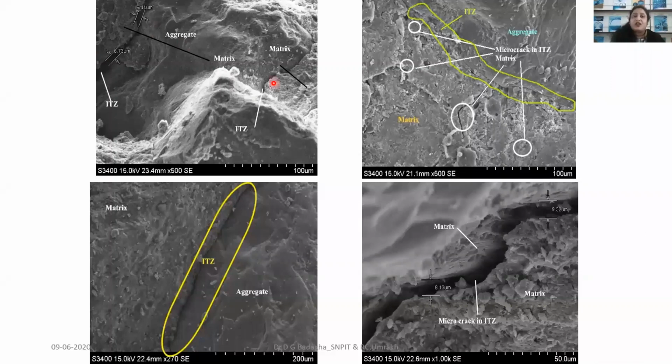Here from that SEM you can see the interfacial transition zone. That zone is between the aggregate and the paste. This is a very thin line here I tried to mention. From that you can see that some small cracks are there, and this is all the image after the breaking of the cube. If we break the cube, you can understand the width of the crack.